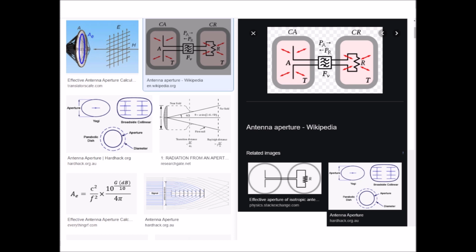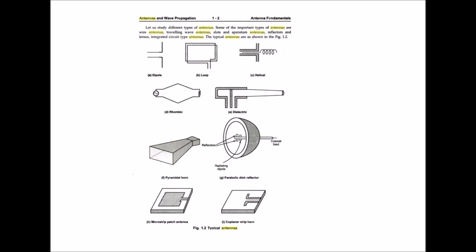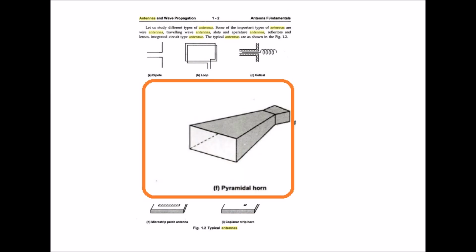In general, a field across an aperture excites radiation in space. If an aperture is small, it must be resonant to excite large amounts of power. But if an aperture is large, it need not be resonant. The common example of aperture antenna with larger aperture is horn antenna, as shown in the figure 1.2f.